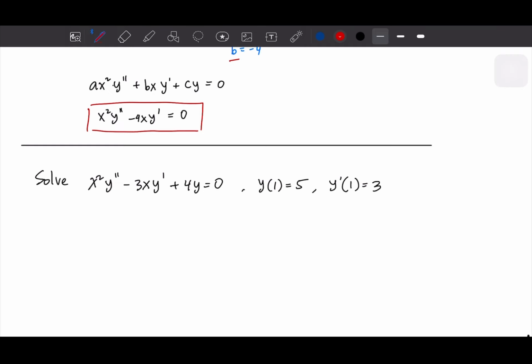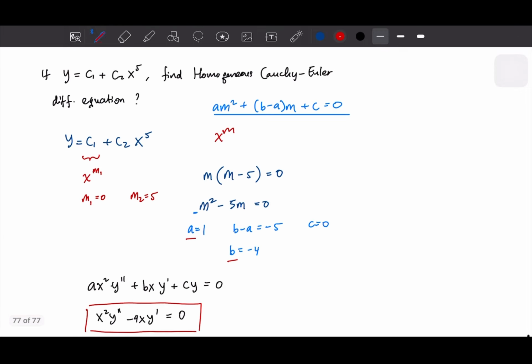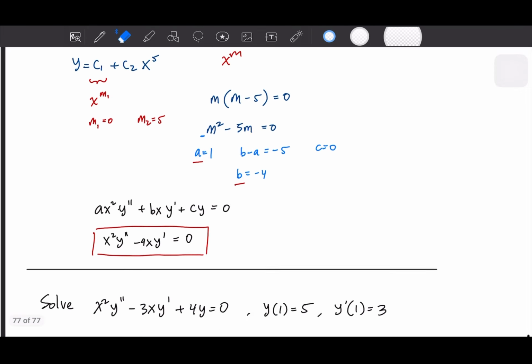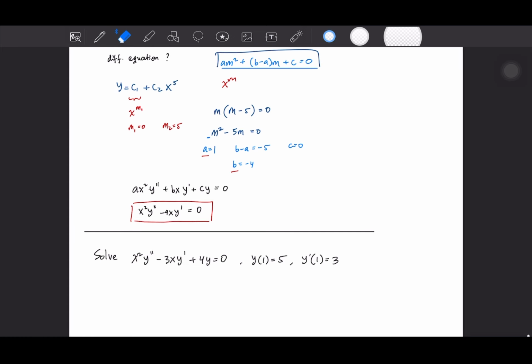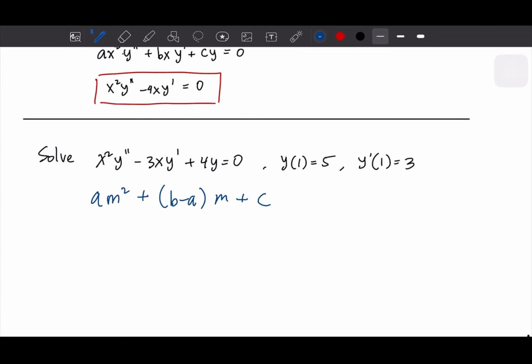So first, we can name all this part with a, b, c, and we could write our auxiliary equation for Cauchy-Euler. So the same thing here. We write am squared plus (b minus a)m plus c is equal to 0.